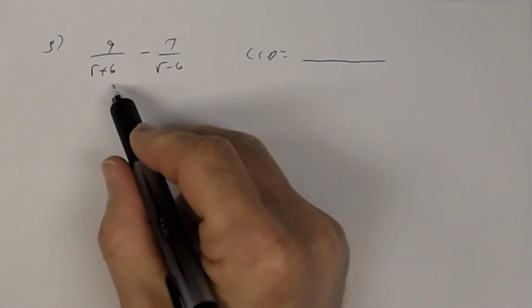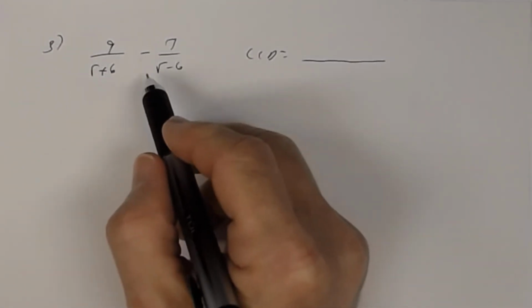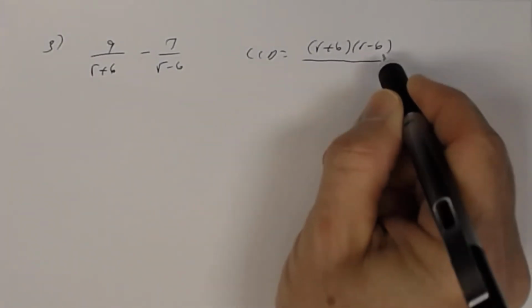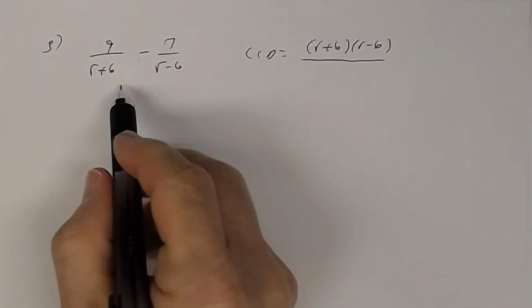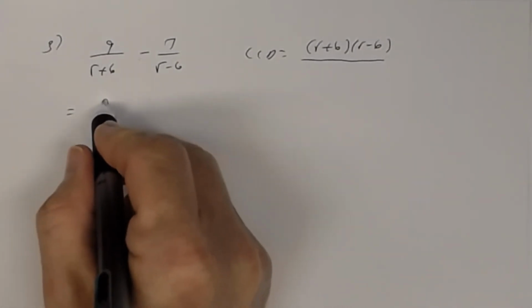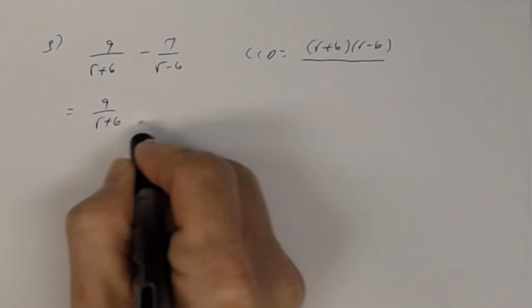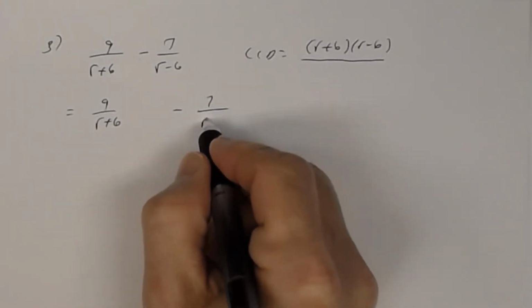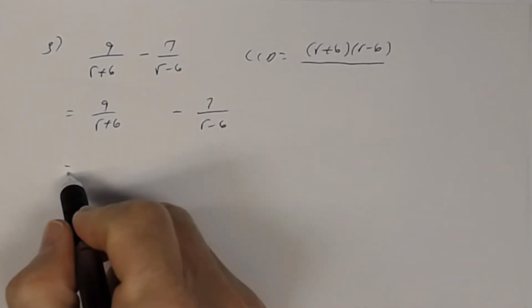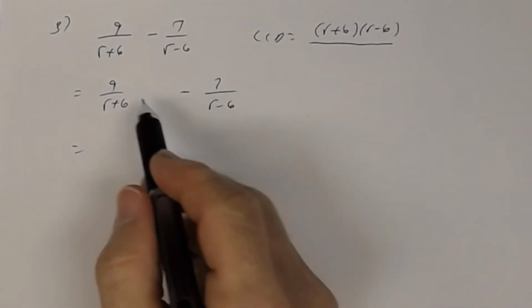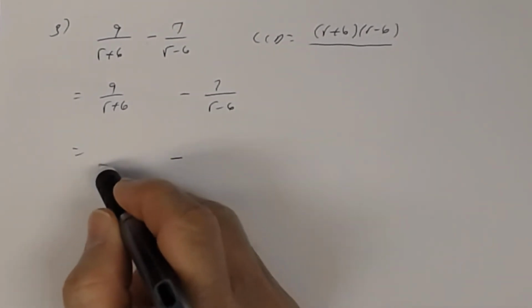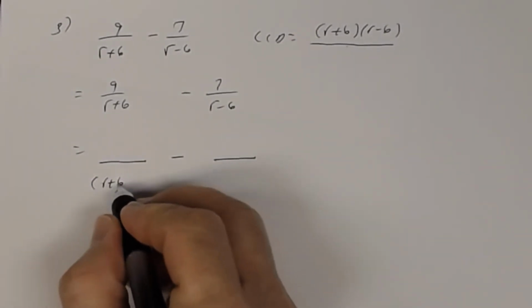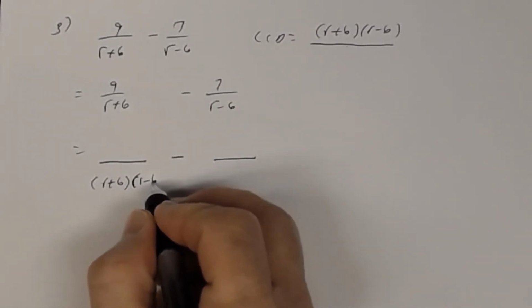The LCD must include every factor you see. So an r plus 6 and r minus 6. And now you're going to write 2. I'm going to rewrite this over, though, before I go any further. So I'm going to leave some space. Remember, that's subtraction. You've got to be careful with subtraction. Okay, so now I'm going to write two equivalent rational expressions with this denominator, r plus 6, r minus 6.